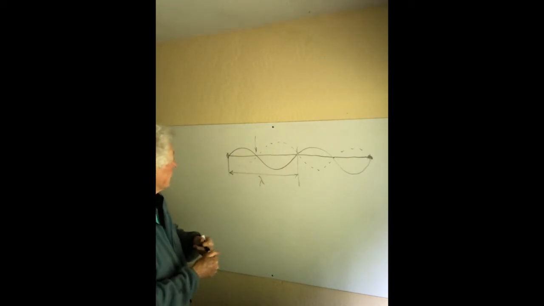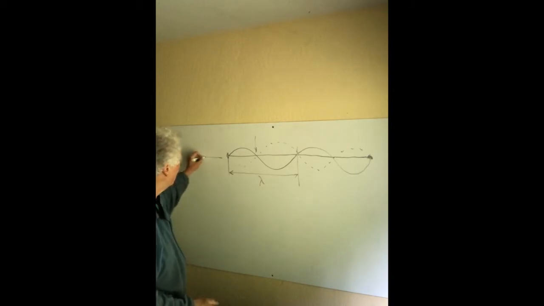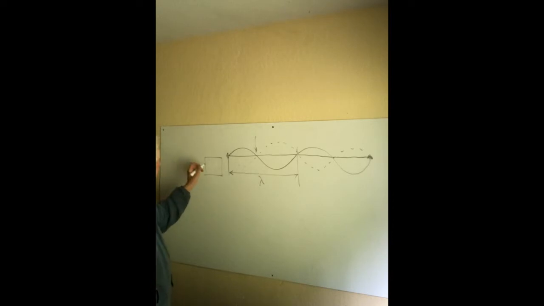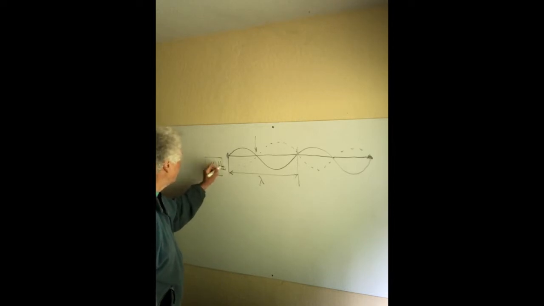Now if you look at the little meter on the wave driver, it's going to tell you how many cycles per second we're doing. So let's just suppose that the cycles per second says 10 hertz. Why not? I made it up.